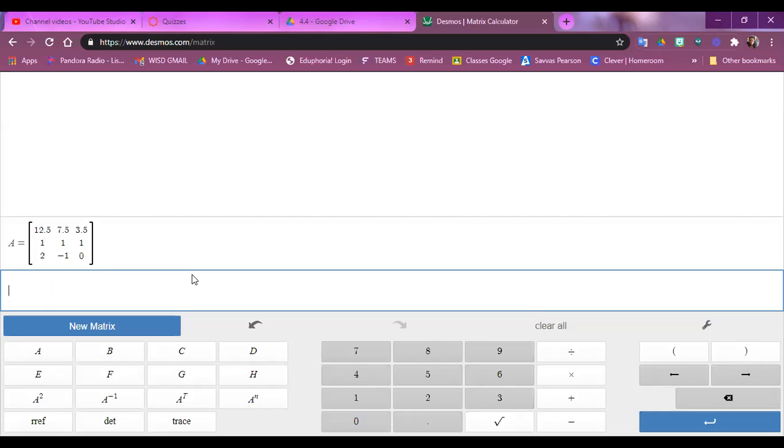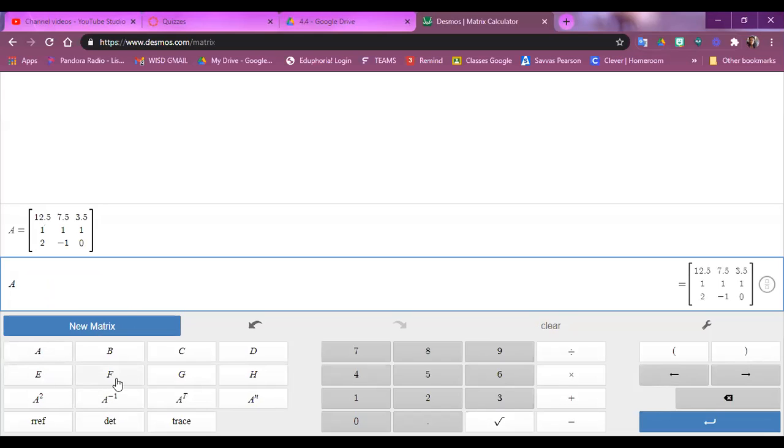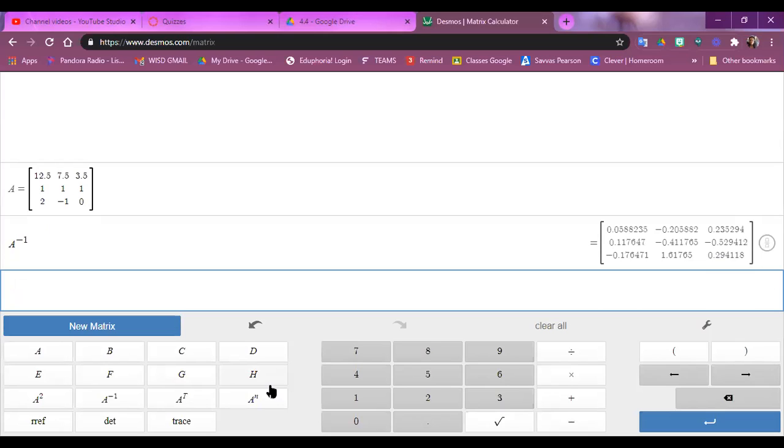So that's our matrix A. To find its inverse, we're going to type A, then click the inverse. And that's A's inverse.